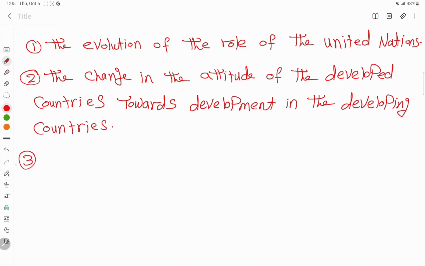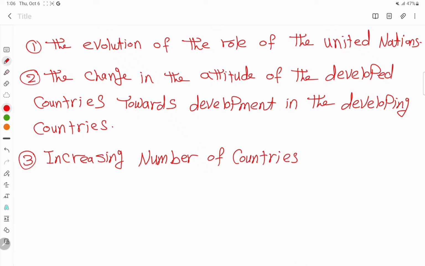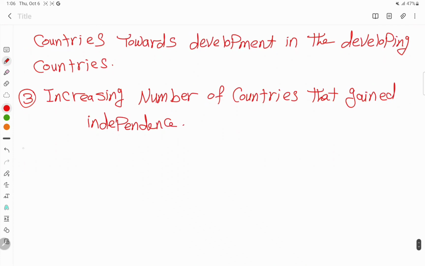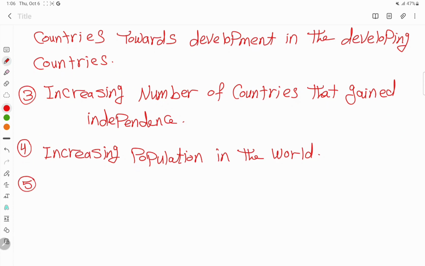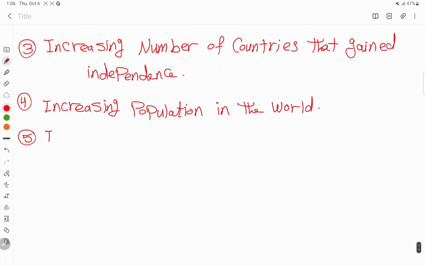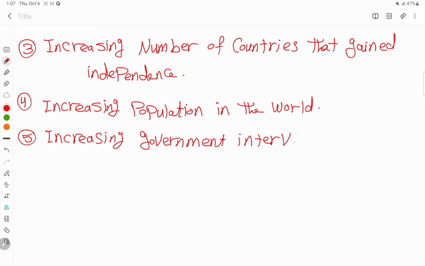Number 3, increasing number of countries that gained independence. Number 4, increasing population in the world. Number 5, increasing government intervention in the economy.